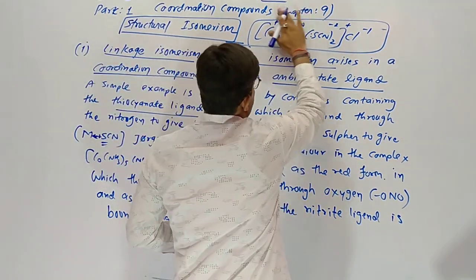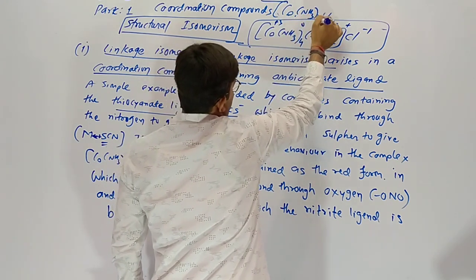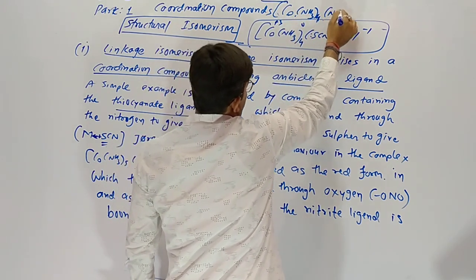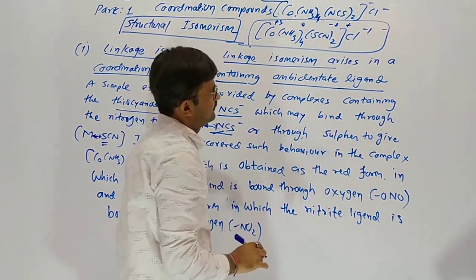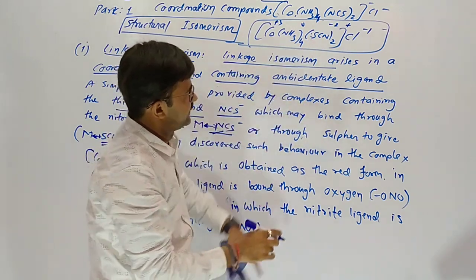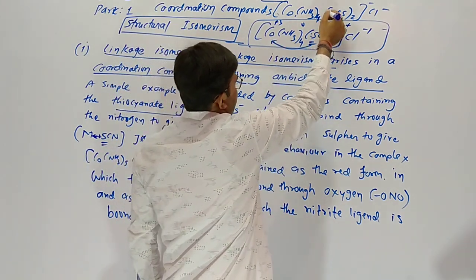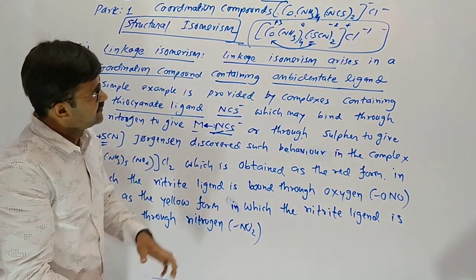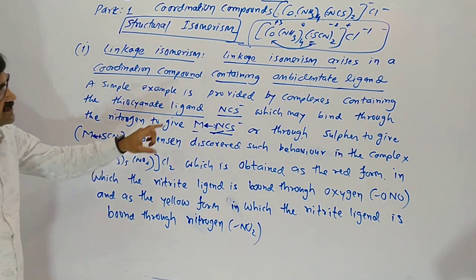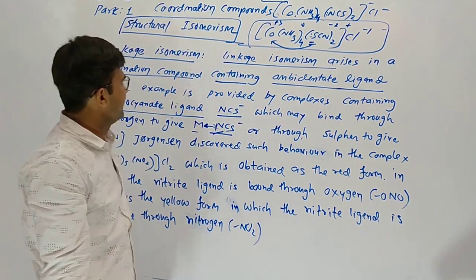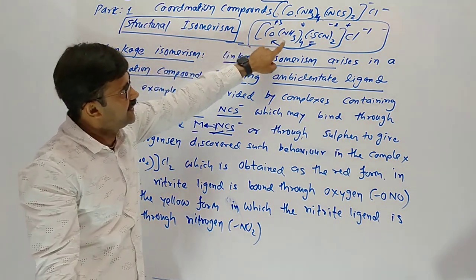In another case, here you can see molecular formula same, ligand also same, but this one is ambidentate. Here sulfur is donating electron pair to the cobalt, here nitrogen is donating. So this pair is called linkage isomers, and phenomenon is linkage isomerism.